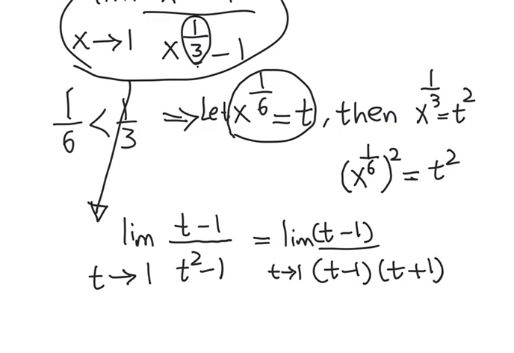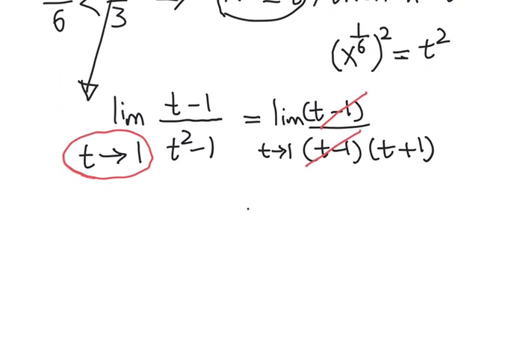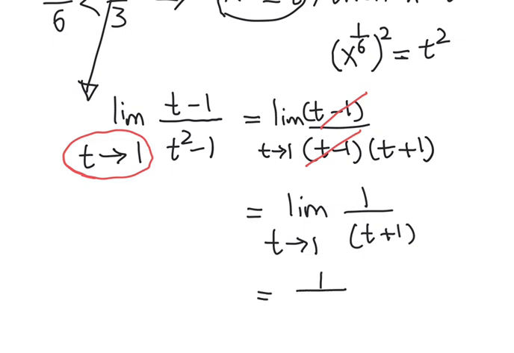As you see, the common factor I was looking for is here now. You can cancel the common factor t minus 1, equals the limit of 1 over t plus 1 as t goes to 1, equals 1 over 1 plus 1, equals 1 over 2.